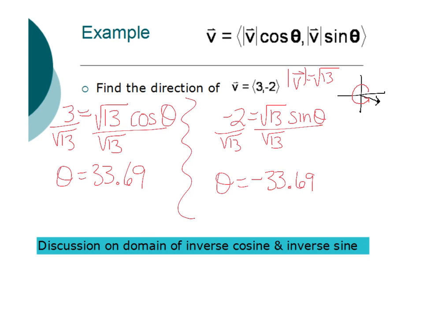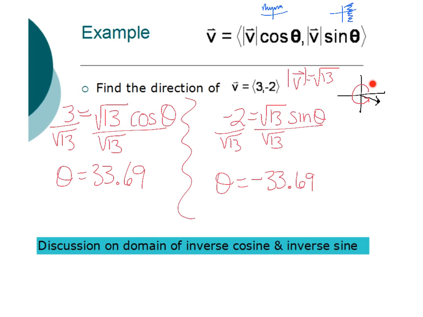When we do cosine, you're going to want to use that anytime you need angles in these 2 quadrants. But for inverse sine, it pulls from these 2 quadrants. There was no way that doing this right here was ever going to get me an angle in the 4th quadrant.